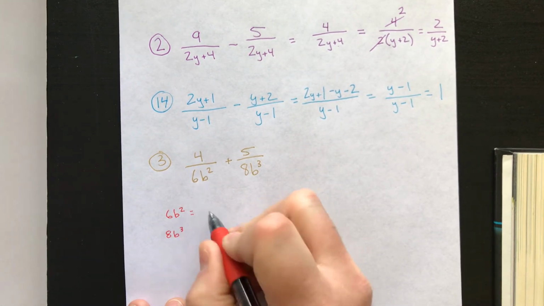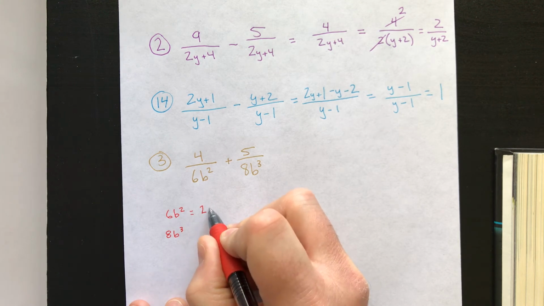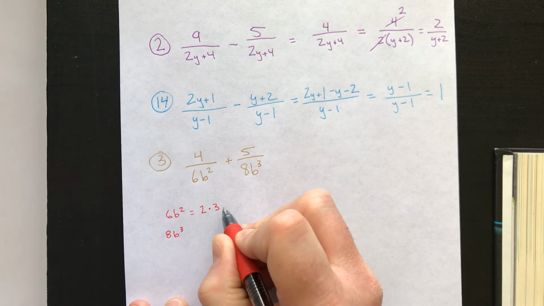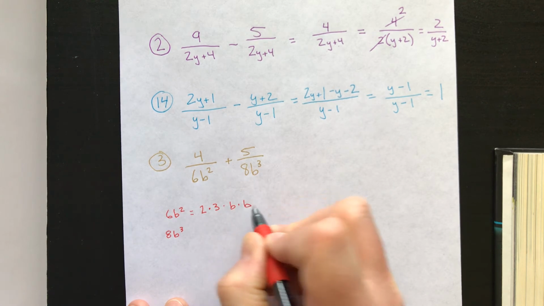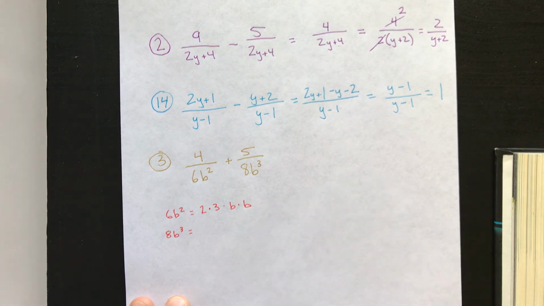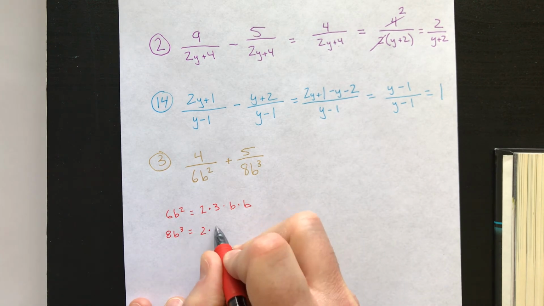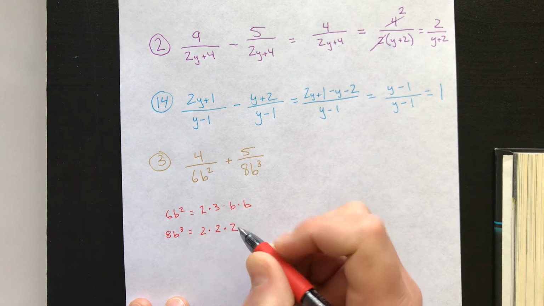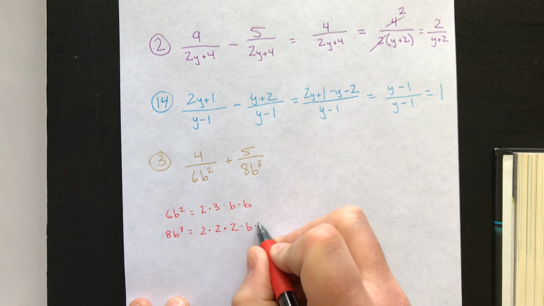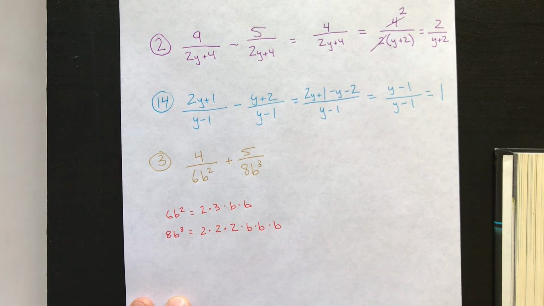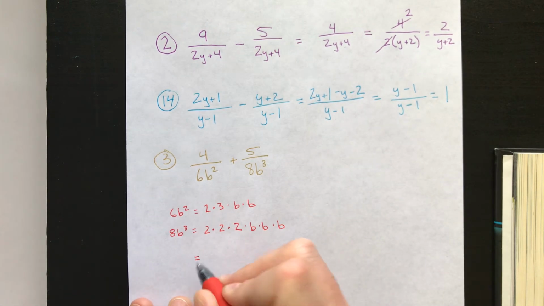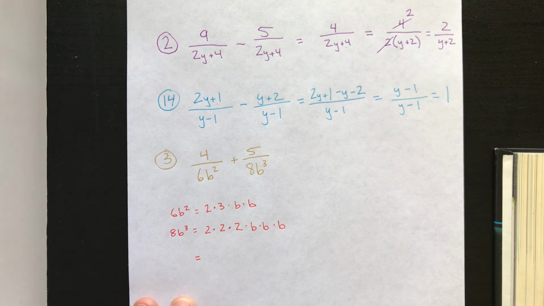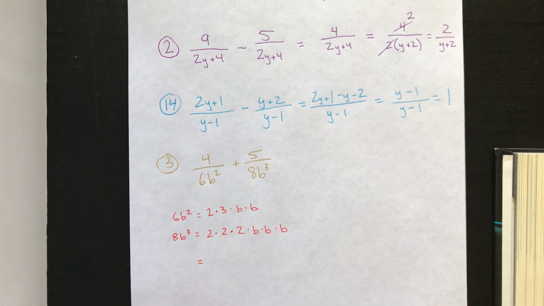So this is going to equal 2 times 3 times b times b, because we're trying to find our least common denominator here. And then down here we have 2 times 2 times 2 times b times b times b. There's a great example in your book on page 685, problem number 3. They show you how they do this.